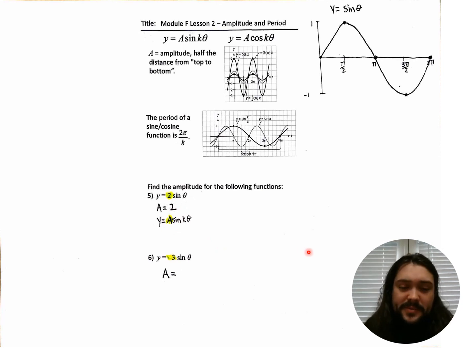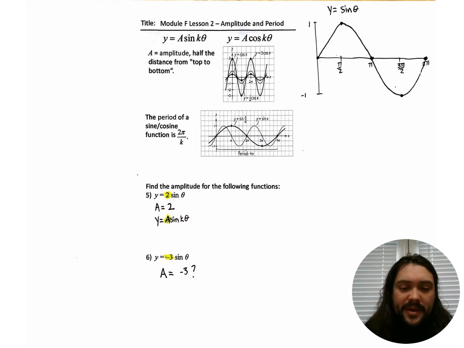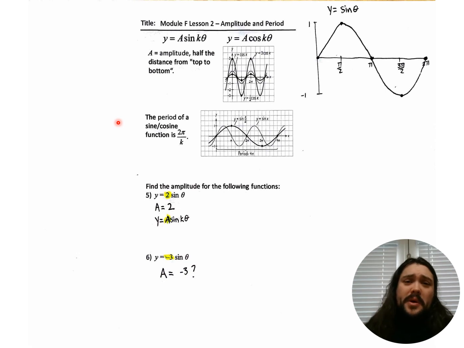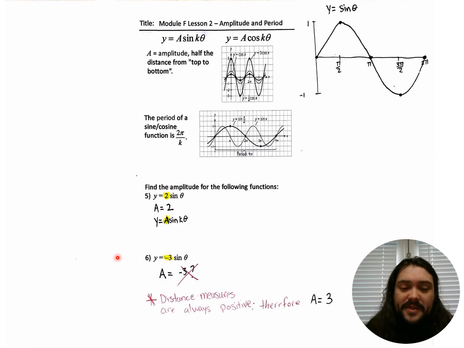Very simple. Now if I look at number 6, we have y equals -3 sine theta. So what is our a value there? Now you might be thinking, well, it's -3, because that's what the a represents there. Technically, yes, but specifically amplitude is a measure of distance, and distance is always a positive value.